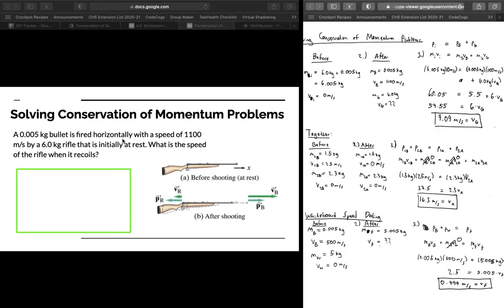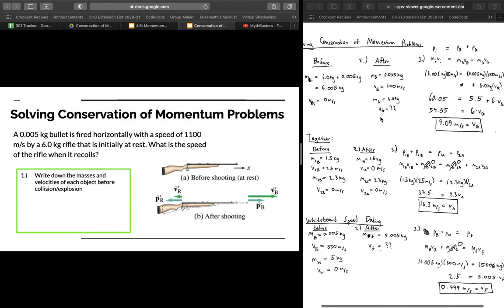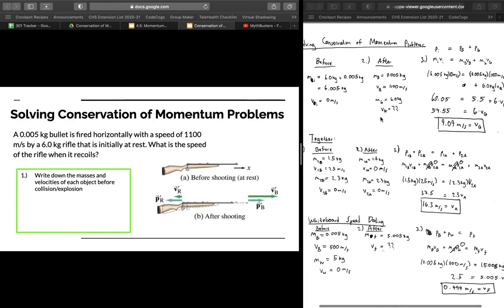So the problem-solving process with this is very similar to conservation of energy problems. So first thing that we're going to do here is write down the masses and velocities of each object before the collision, explosion. So we have that the initial mass of our system is going to be 6 plus 0.005, or 6.005 kilograms, because both our bullet and the gun are combined.